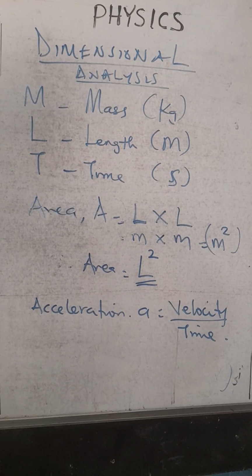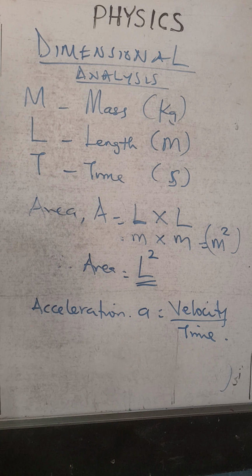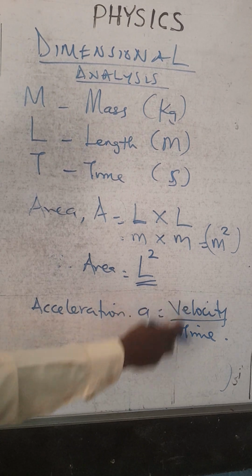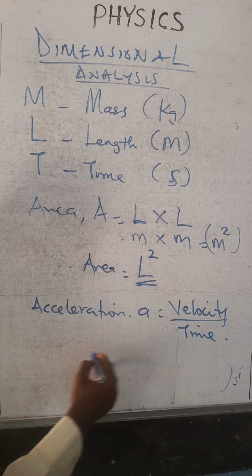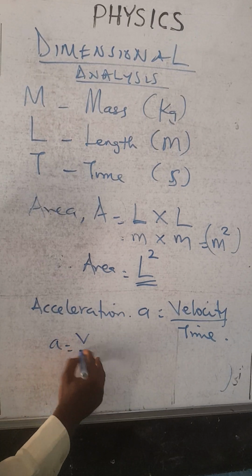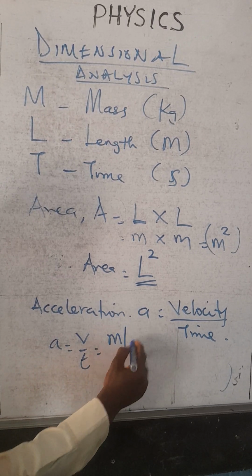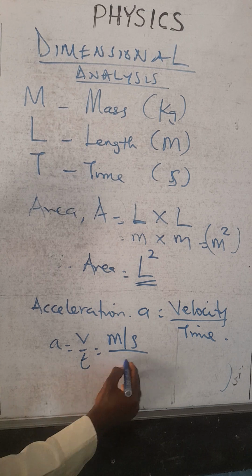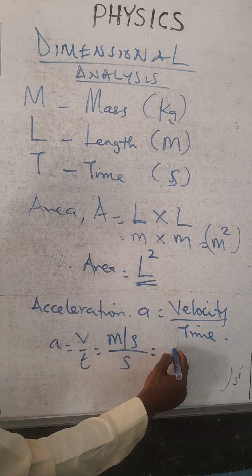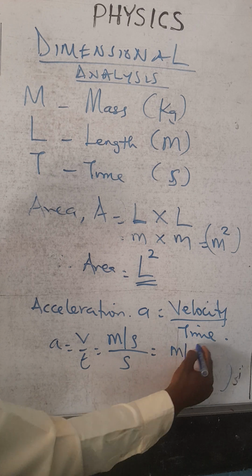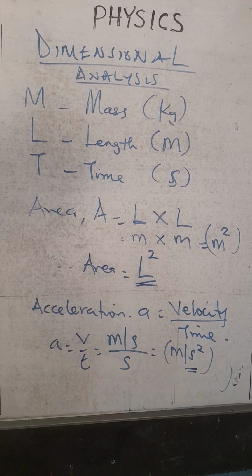Acceleration is actually defined as change in velocity per unit time. So acceleration, which is velocity over time, we have velocity with unit meter per second, and now we have seconds here, and that gives us acceleration to be meter per second squared from the derived quantity.